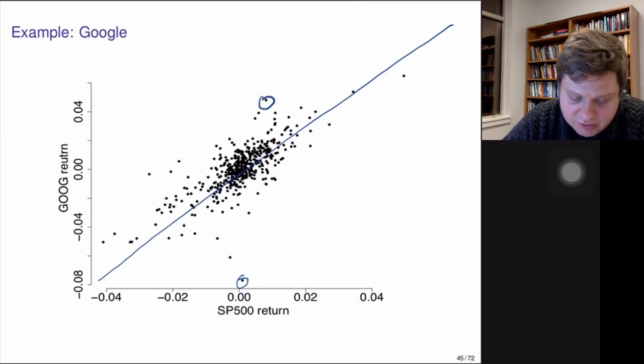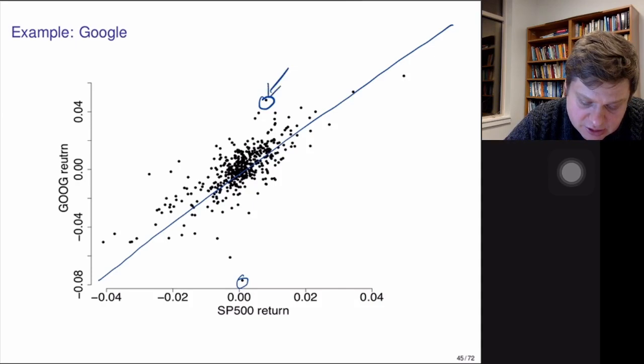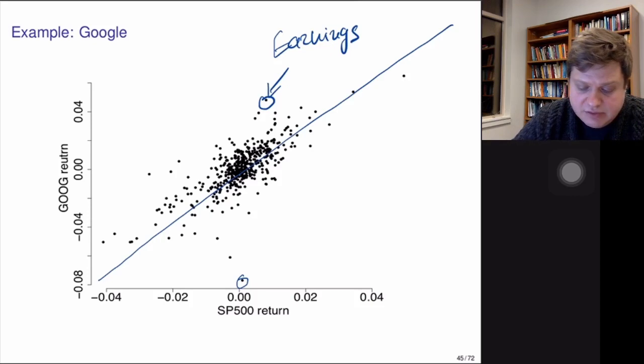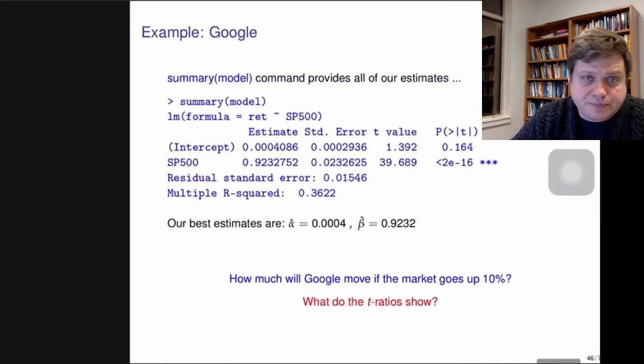Again the S&P 500 return was close to 0, but the Google return was close to 4%. Usually those outliers correspond to earnings dates. A company reports the financial results of a quarter, and sometimes nothing happens on the market, so the market stays flat, but a specific company reporting good or bad results might move the value of its stock significantly up or down.